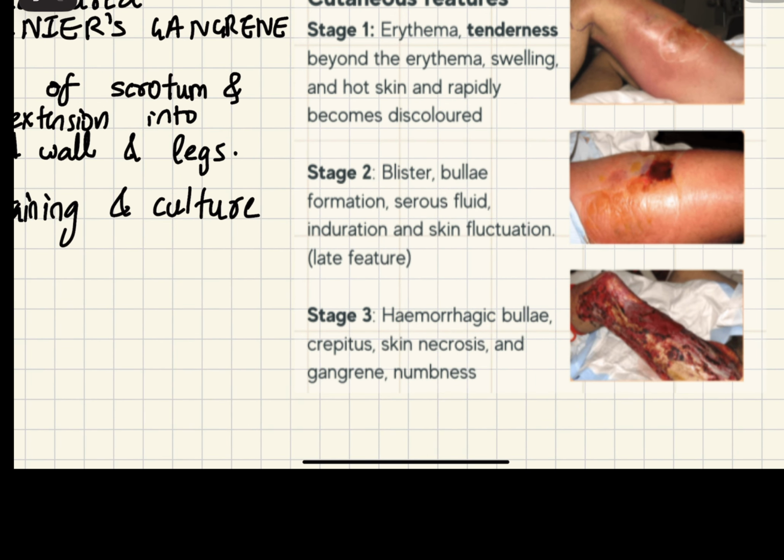In stage 2, you can see blisters, bullae formation, serous fluid, induration and skin fluctuation. These are late features. In stage 3, you can see hemorrhagic bullae and crepitus. Remember this, it's very important. Crepitus. And you can see skin necrosis as in this image, and gangrene and numbness.